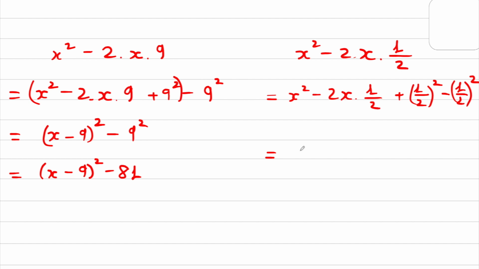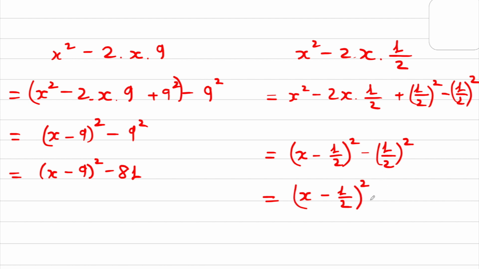The first three terms will complete the perfect square, x minus 1 over 2 square outside and minus 1 over 2 in here. This means x minus 1 over 2 and square here, minus 1 over 4. Okay, that is the first two examples about subtraction perfect square.